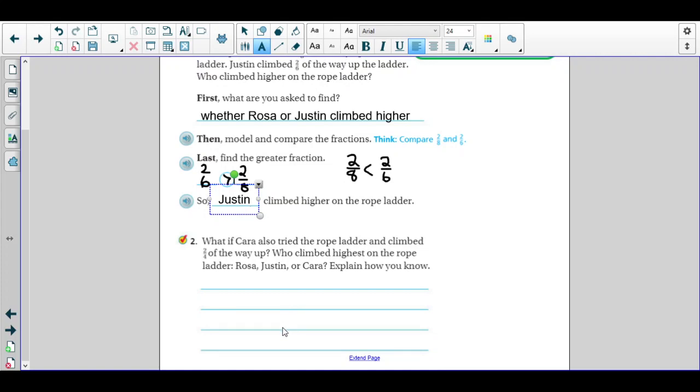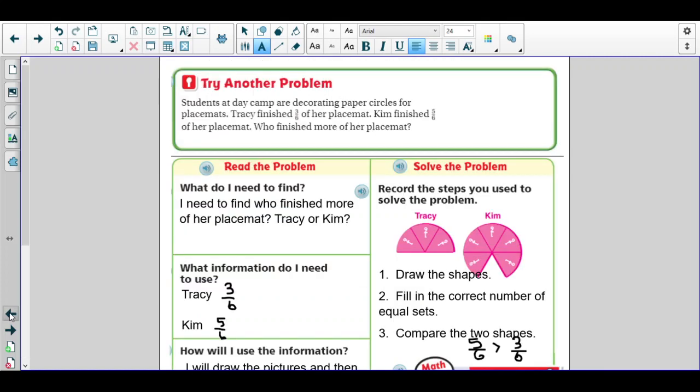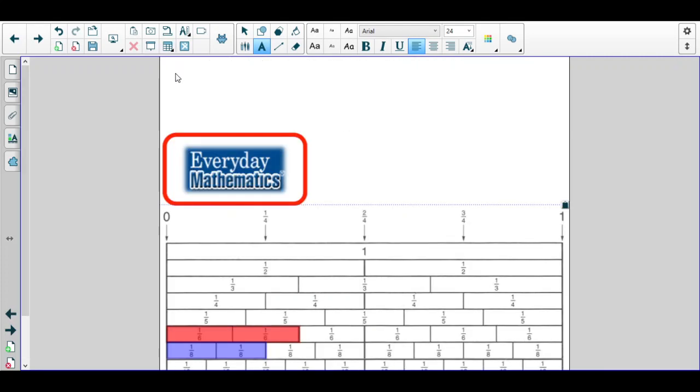What if Kara also climbed the rope ladder and climbed 2/4 of the way up? Who climbed highest on the rope ladder? Rosa, Justin, or Kara? Explain how you know. Well, let's come back to this right here. 2/4 of the way up.